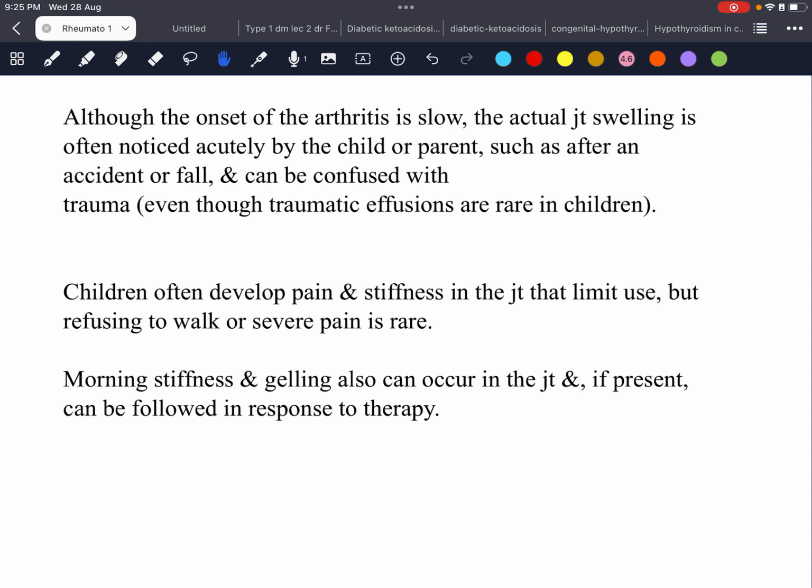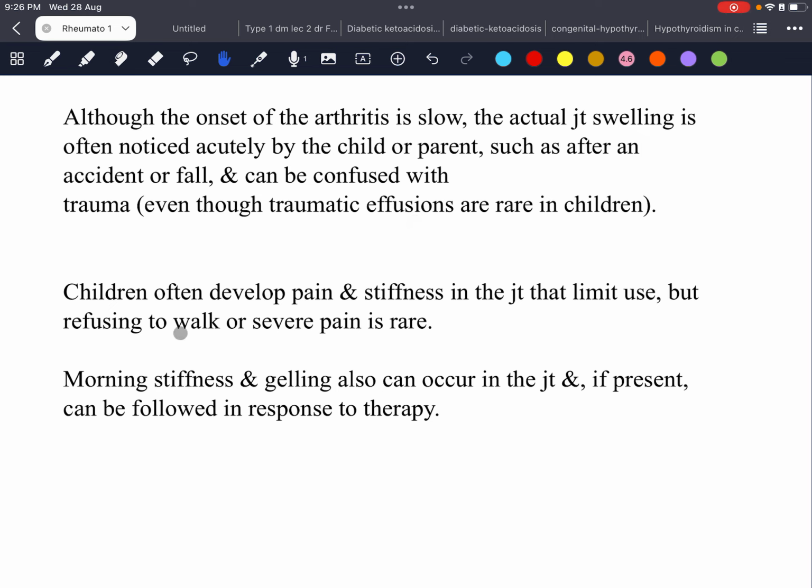They confuse this swelling with an effusion that may be caused by the trauma itself, but actually traumatic effusions in children are rare. So even if there is a history of trauma, joint effusion does not exclude the possibility of juvenile idiopathic arthritis.